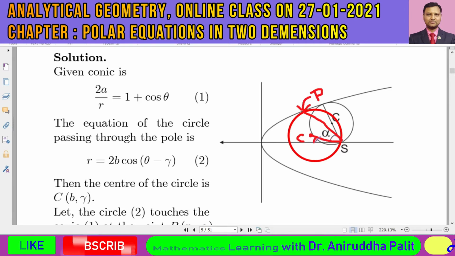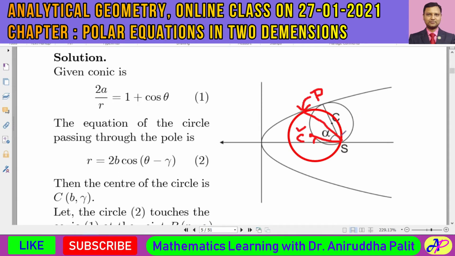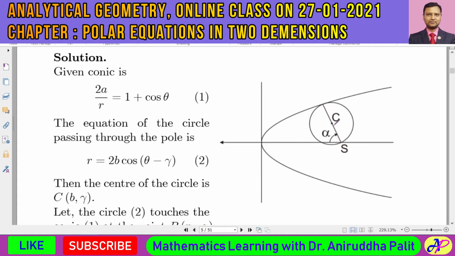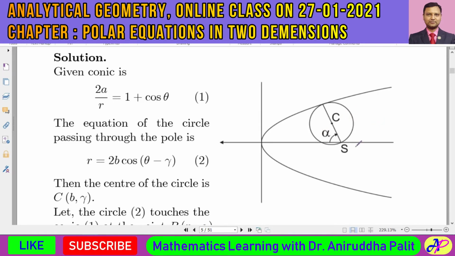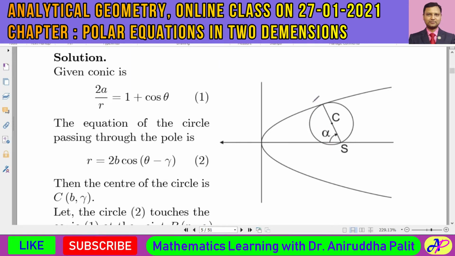Therefore, this angle would be the vectorial angle of the center C. So although from the previous picture it looks like alpha is the vectorial angle of the center C, if you consider a different kind of picture, as I considered earlier, the vectorial angle of the center C may be different from alpha.